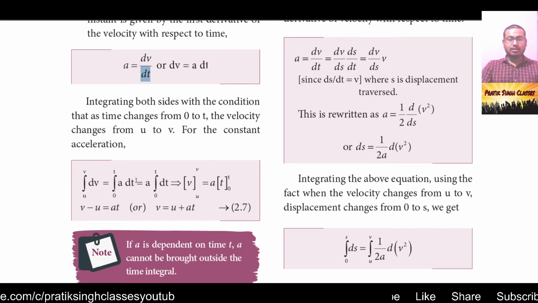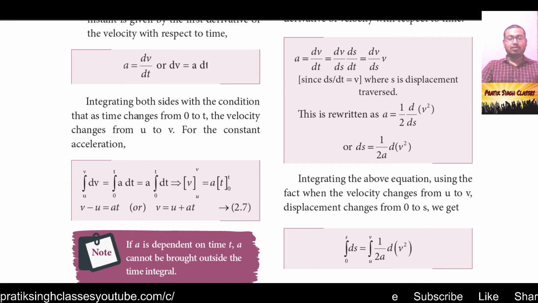This is the sign of integration, and below it as you can see u and 0 are the lower limits, and above it v and t are the upper limits. Here the body has started from time t is equal to 0 to t is equal to t. So the lower limit for the time variable will be 0 and the upper limit will be t, and it had started from velocity u to v.